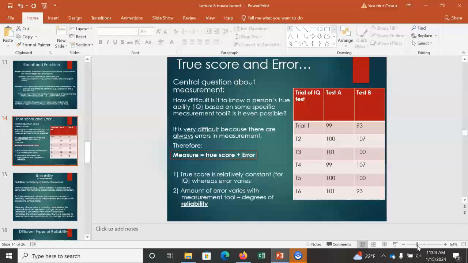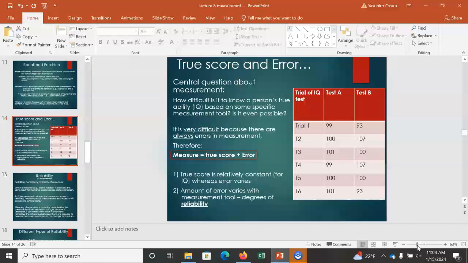So that means, if let's say my IQ is 100, then my IQ should be 100 tomorrow. My IQ should be 100 the day after tomorrow. So therefore, my IQ score should not vary too much. So the amount of variability in my IQ test score should be understood as caused by error.